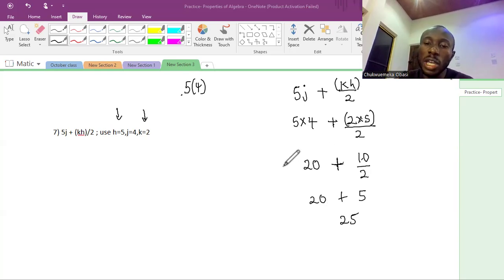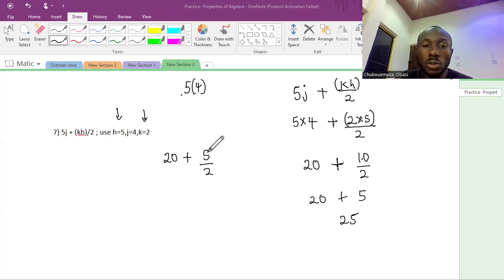Now, if 10 is not divisible by 2, then we can go ahead and add these two, making them have the same denominators, and then simplifying them. So this is what you learn in your arithmetic class before now. So if it's not, just imagine we're having 20 plus 5 upon 2. Maybe, for instance, what would you have done?